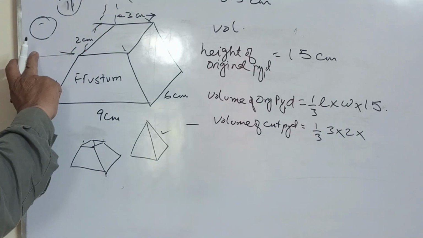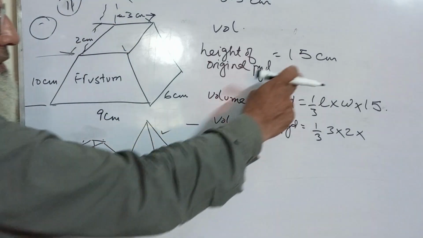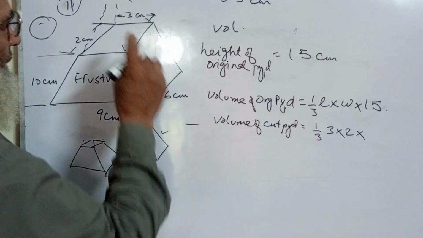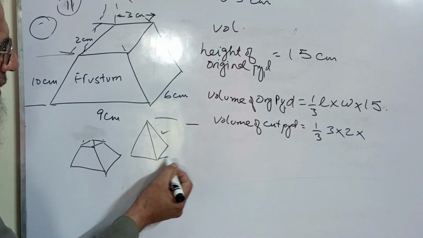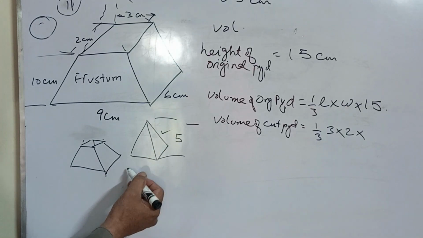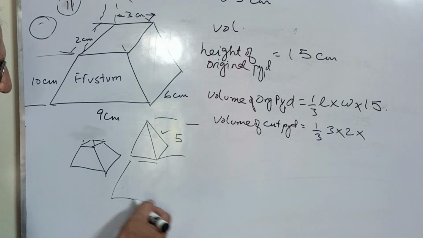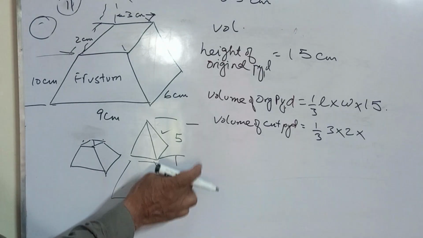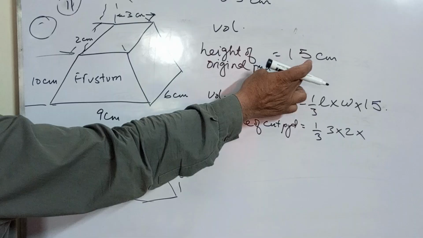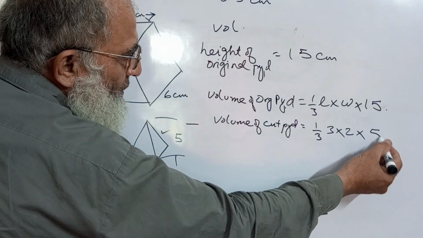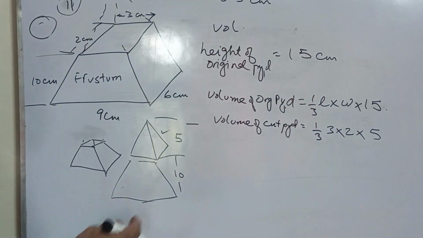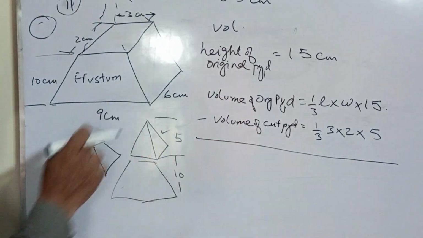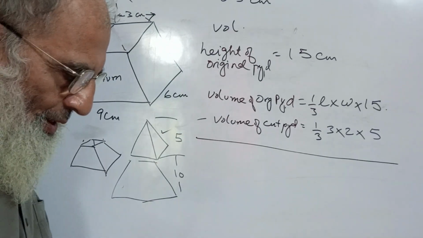And since this was 10 and the whole was 15, only 5 has been left out. 5 has been left because the rest of the 10 is here. So 10 plus 5 is equal to 15, which is given to you. So it is 5 only. So when you solve it and just subtract this from this, you will get the answer. Now what?